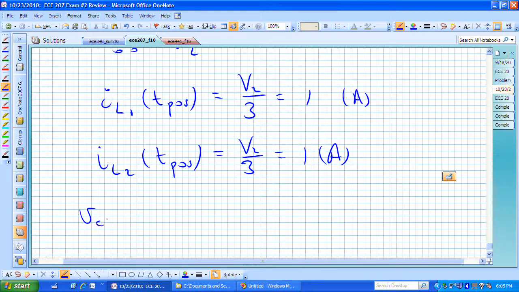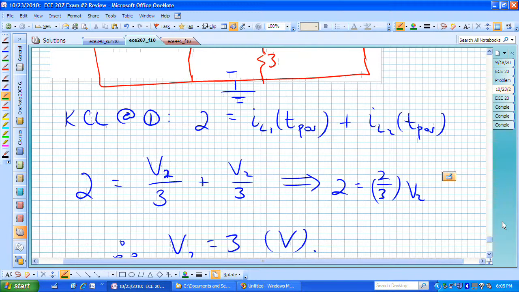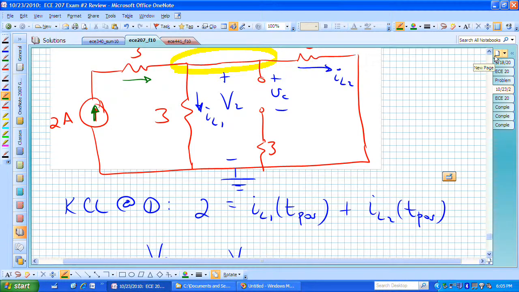And finally, V sub C for t positive, we can again use this voltage across an air gap and with that particular concept we can now write KVL around this particular mesh.